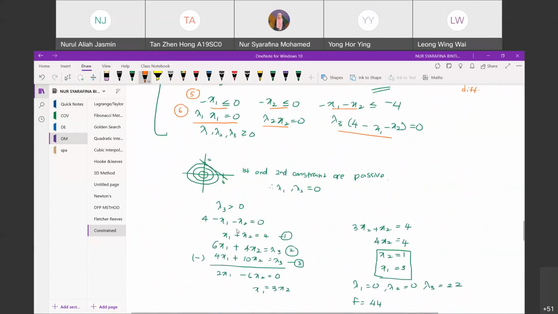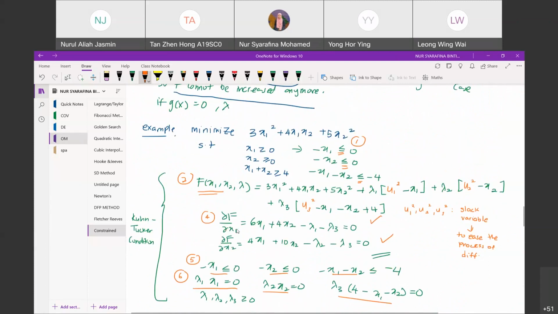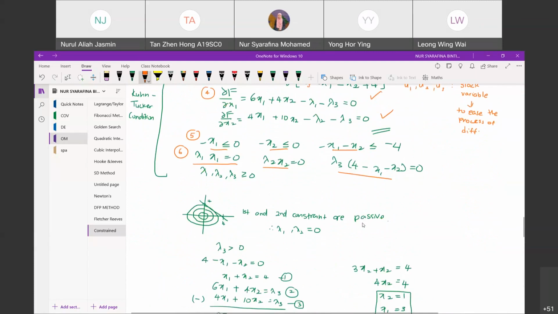Now what we can identify is which constraint is active and which constraint is passive. The easiest method is you just plot. You know that this expression, minus 3x1 squared plus 4x1 x2 plus 5x2 squared, can be plotted in terms of a contour.